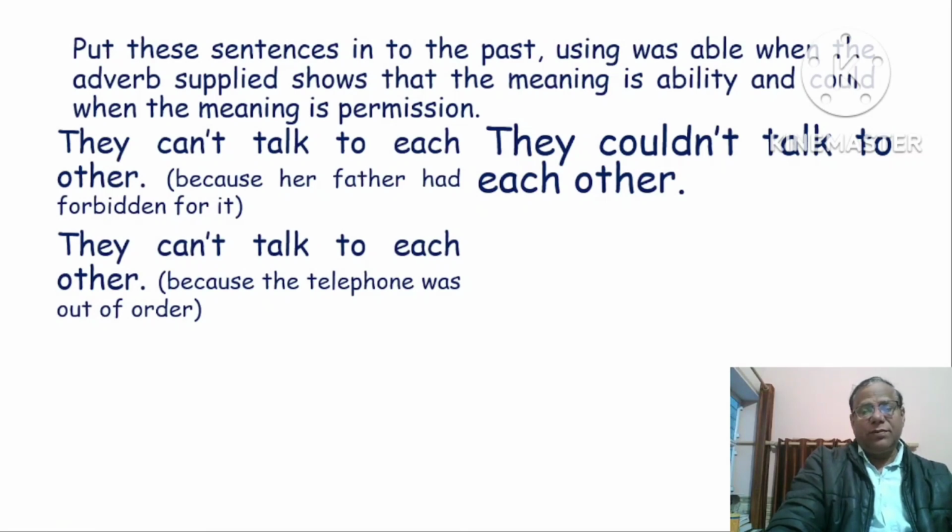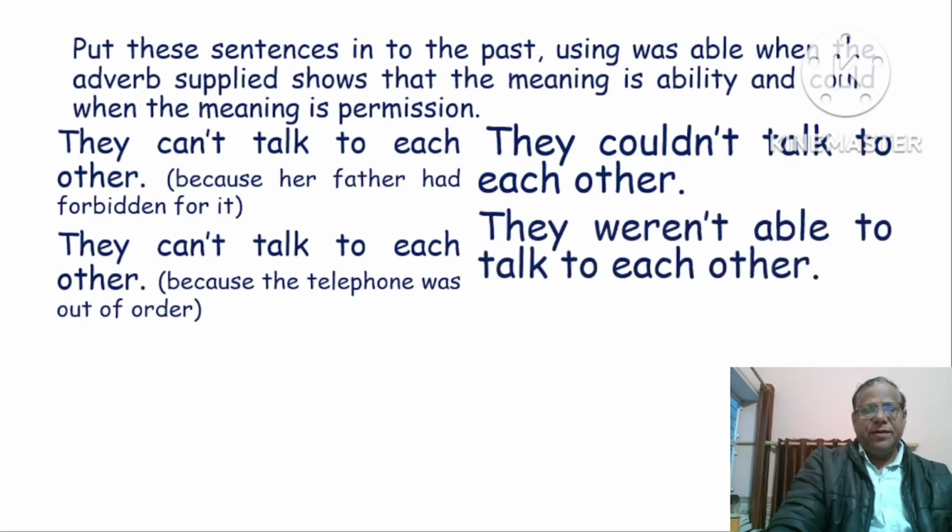So a different type of meaning is here. They weren't able to talk to each other. Now look here, both of these sentences. In the first sentence, we are discussing permission. But in the second sentence, we are discussing ability, because the telephone was out of order, so they were not in a position to talk.